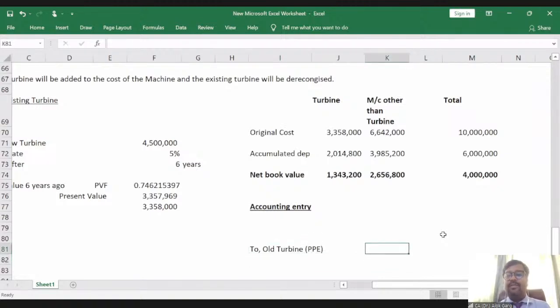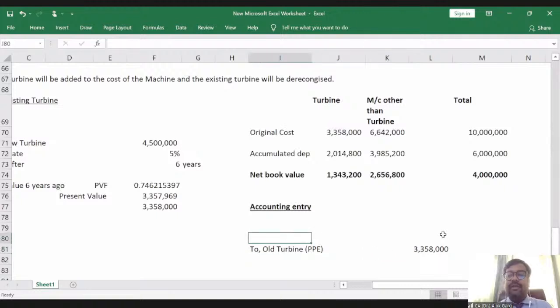You need to credit this old turbine PPE with your original cost, and you have to debit accumulated depreciation old turbine, right? So net will be 1343. Accumulated depreciation old turbine debit.